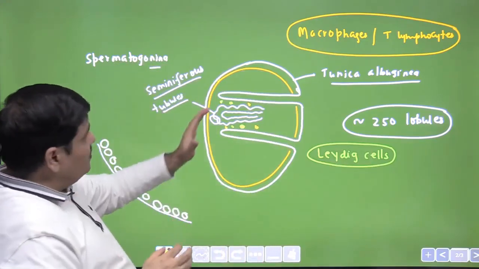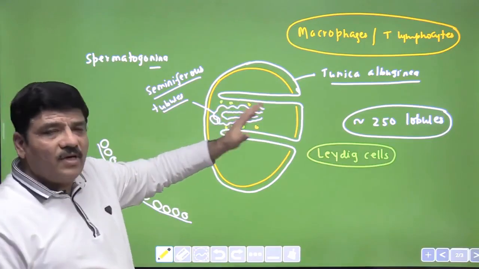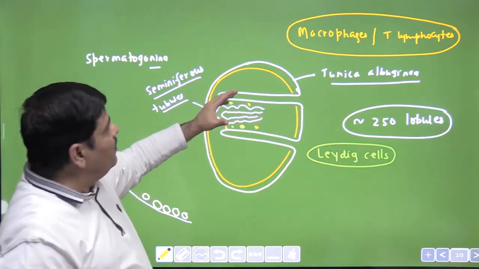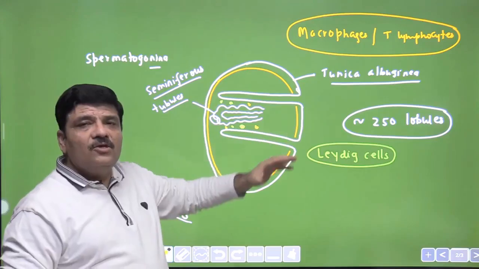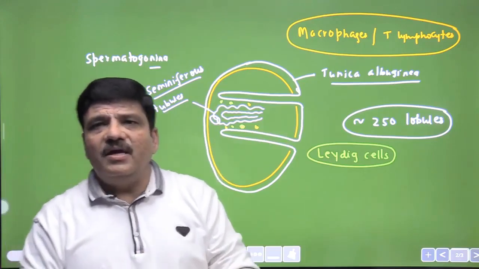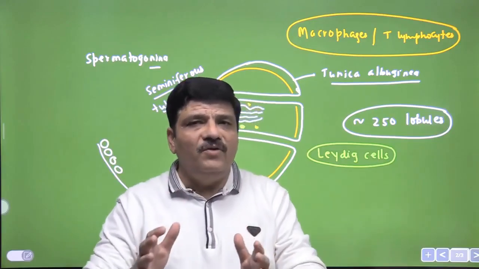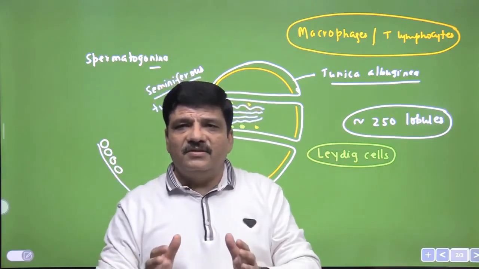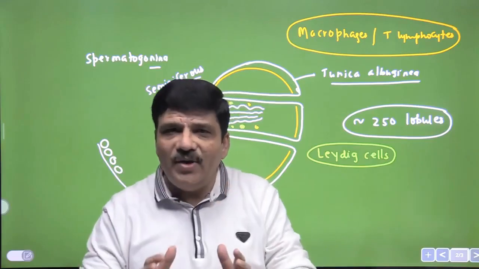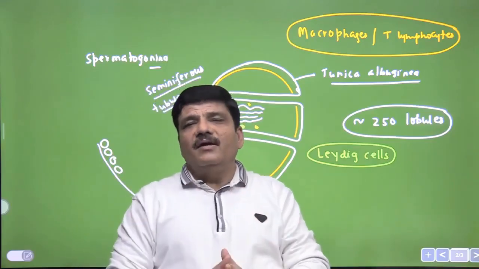So I hope it is now clear what is meant by immunocompetent cells. We are stopping here in this video. When I come back, we will complete this 3.1, look at the accessory duct system, and follow NCERT. Hope you are enjoying this video.